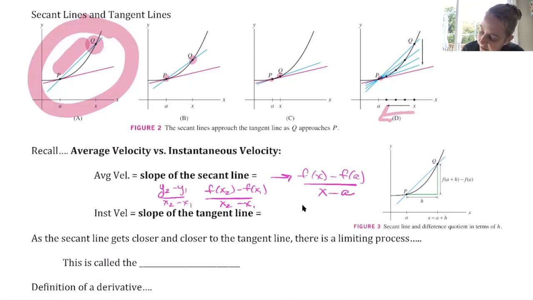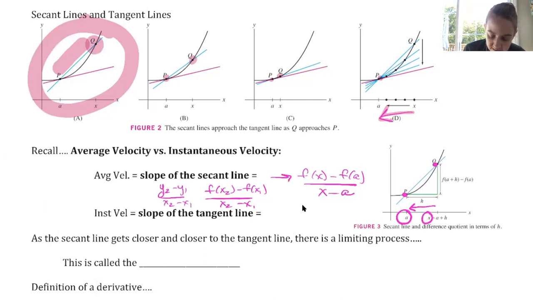Now, here's my picture. Here's A, and here's X. So you're really finding the slope between these 2 points. It's just slope formula. It's just a slightly different notation. Now the slope of the tangent line, again, we want that second point to get as close as we can to the first point. So we need a limit.